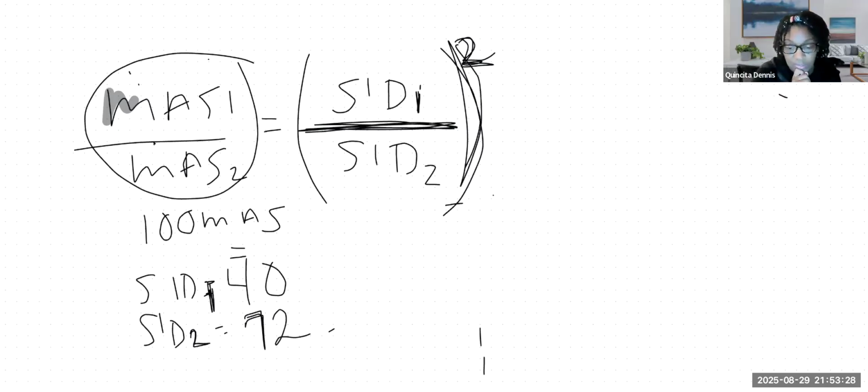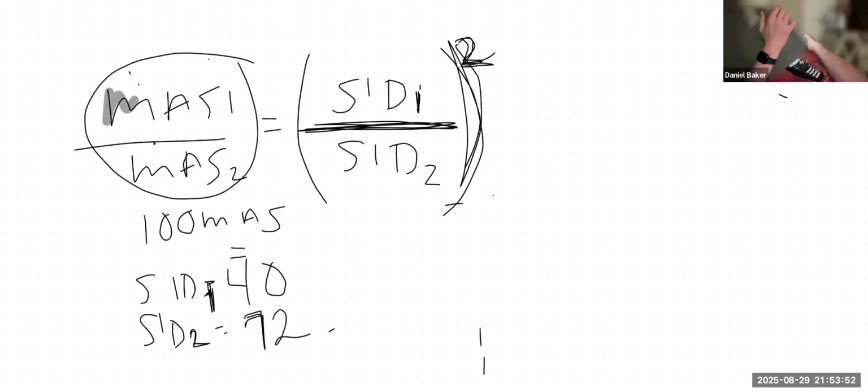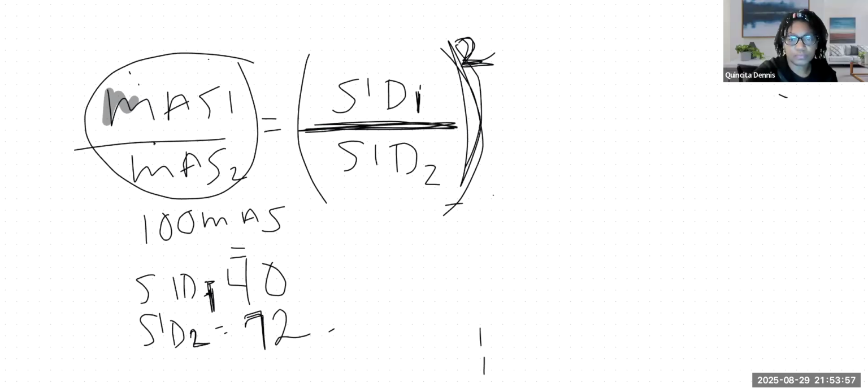But the last problem, let's say the old mass is 200. Actually, no, we can stop there.